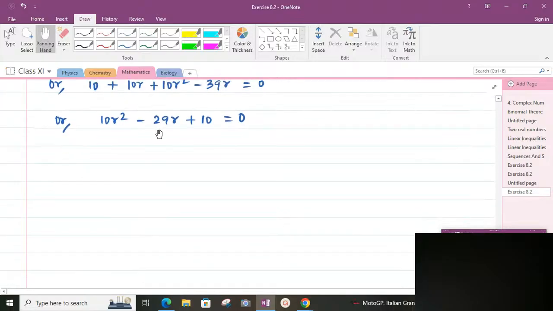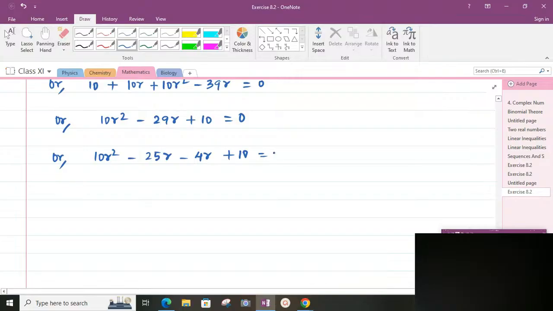Now we split the middle term, then we get 10r square minus 25r minus 4r plus 10 equal to 0.